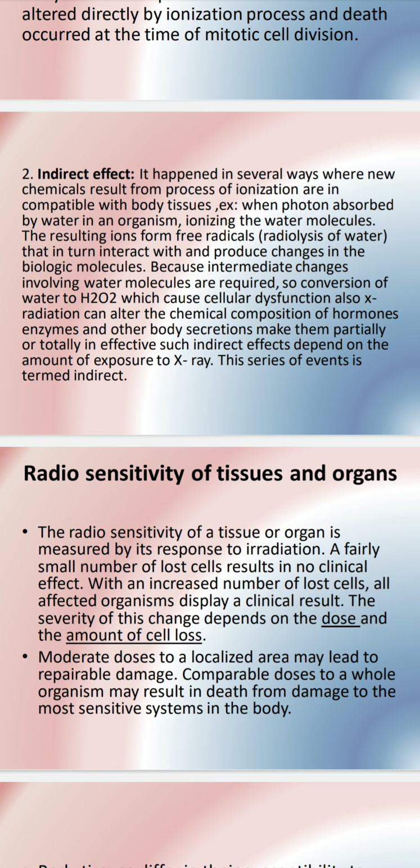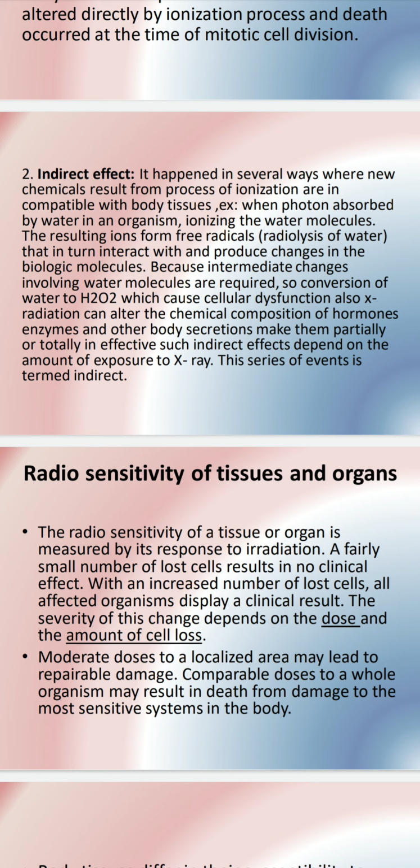This series of events is termed indirect. Radiosensitivity of tissues and organs. The radiosensitivity of the tissue or organ is measured by its response to irradiation. A fairly small number of lost cells results in no clinical effect, while with an increased number of lost cells, affected organisms display a clinical result.